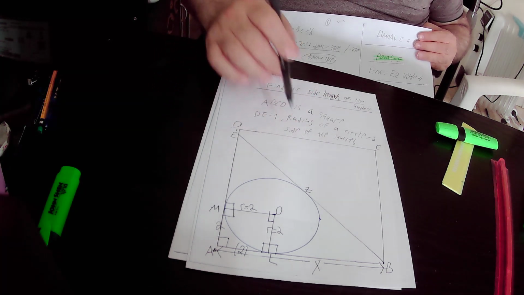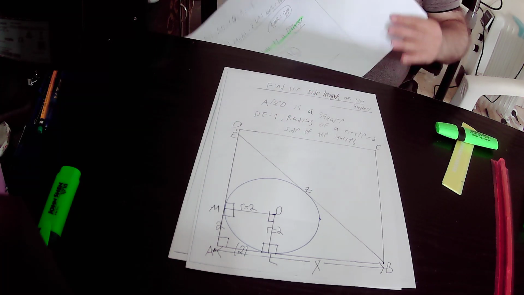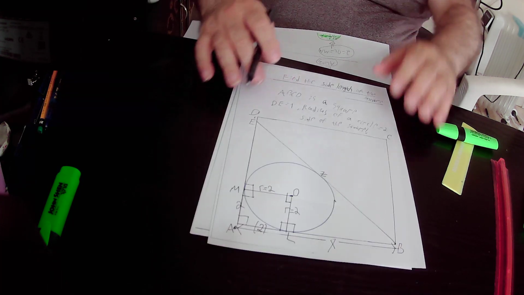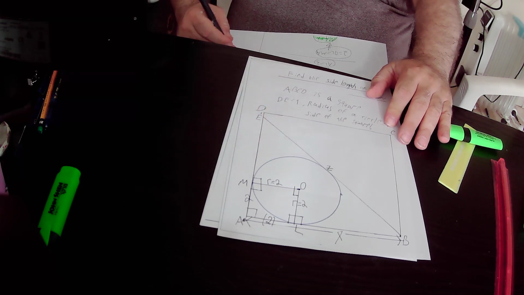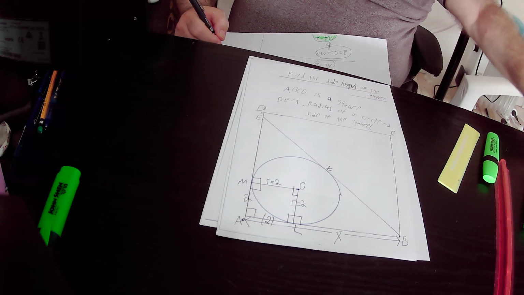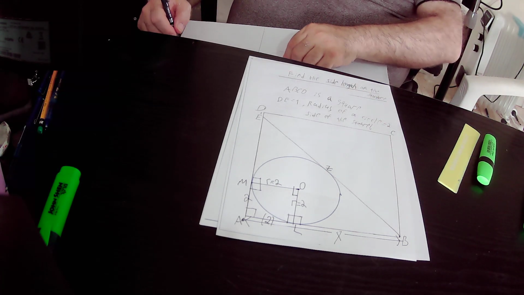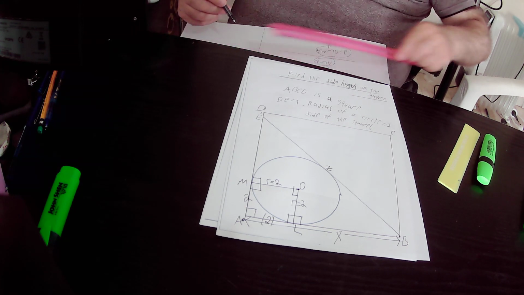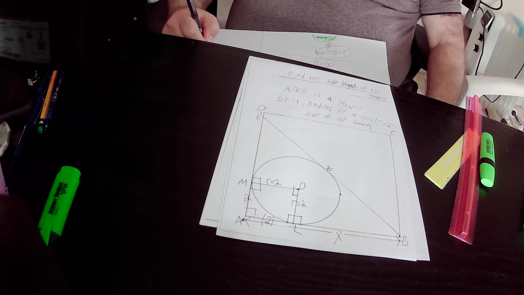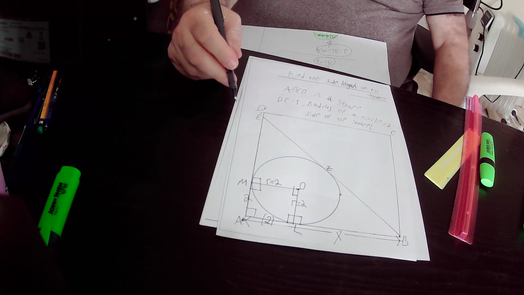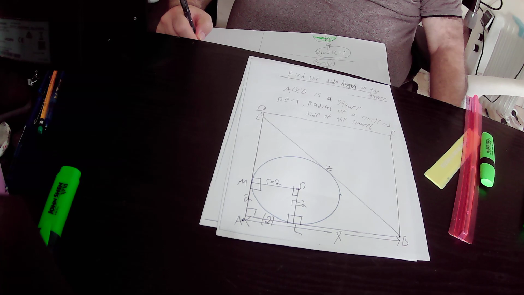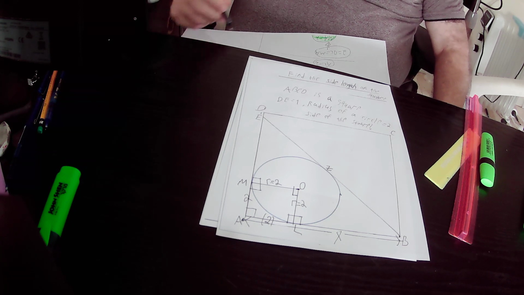EM equals EZ. What is the length of line segment EM? From the drawing, it is very easy to see that the length of EM is equal to DA, that is the side length of square ABCD, minus DE minus MA.